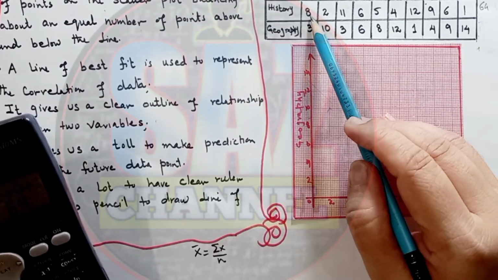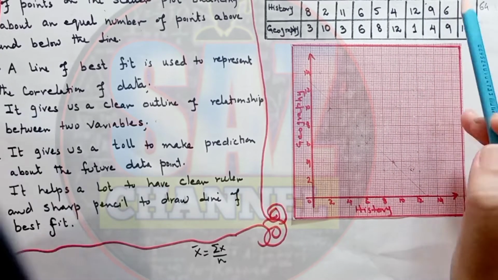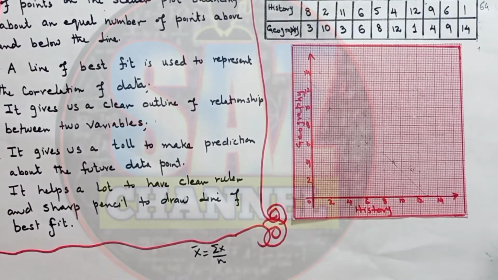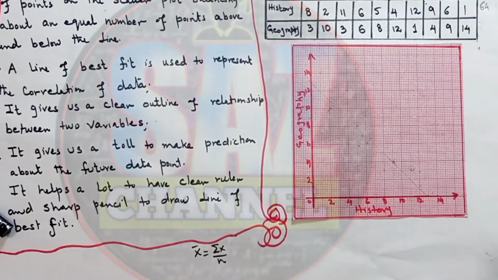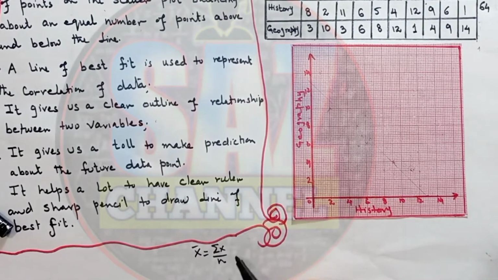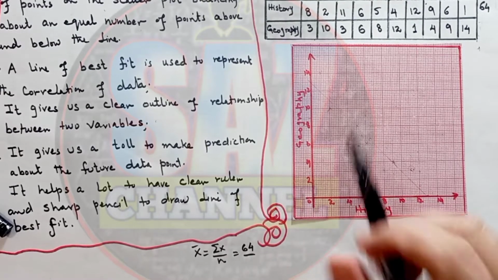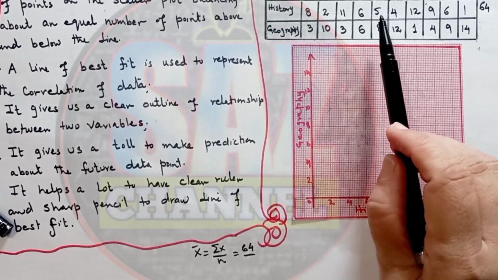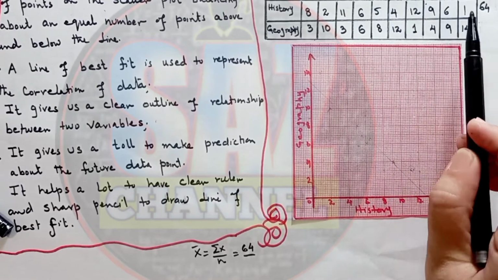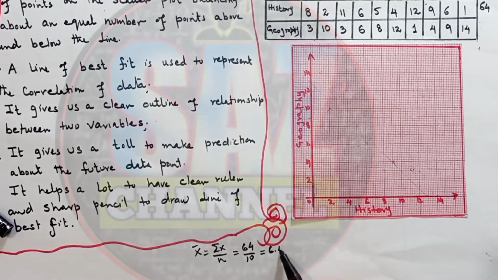And how many observations? 1, 2, 3, 4, 5, 6, 7, 8, 9 and 10. So the mean for history is 64 divided by 10, which is equal to 6.4.